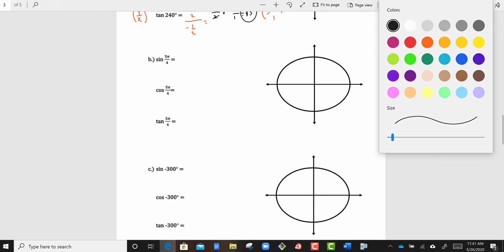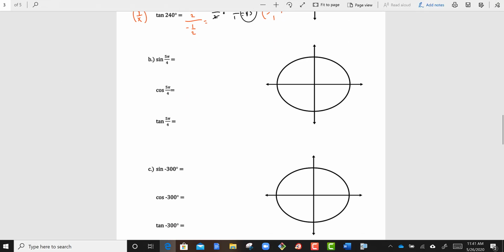Go ahead and see if you can sketch 5 pi over 4. If it's helpful, write pi over 2, 1 pi, 3 pi over 2 here. So 5 over 4 is 1 1/4. That means we're talking about this quadrant right here, which means our reference angle is going to be whatever this angle right here is.